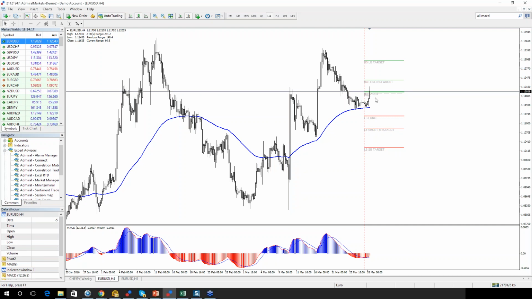So here you can see EUR/USD rejections from EMA 89. See how the price is going. Now guys, do you see any patterns here? I'm waiting for your answers. Do you see any bullish patterns here on this chart?